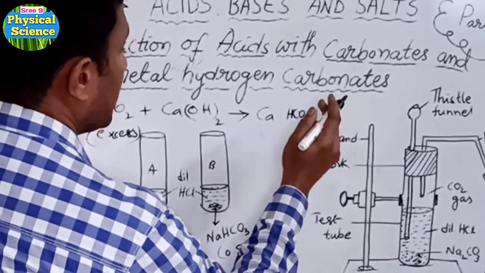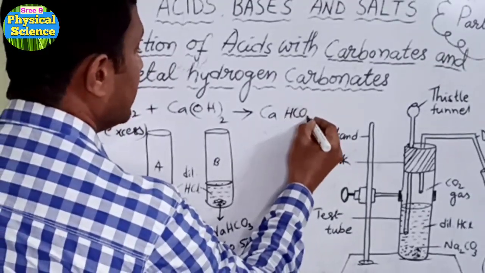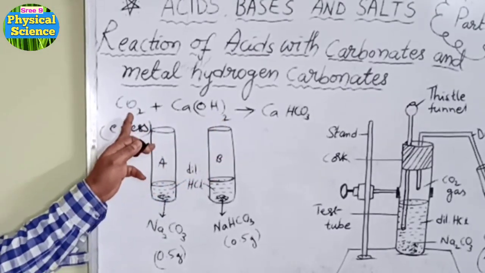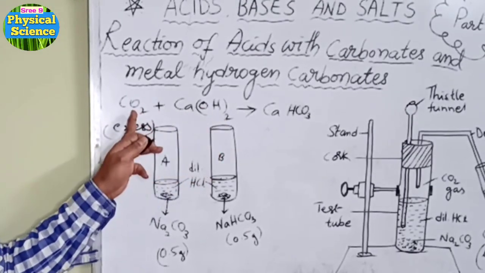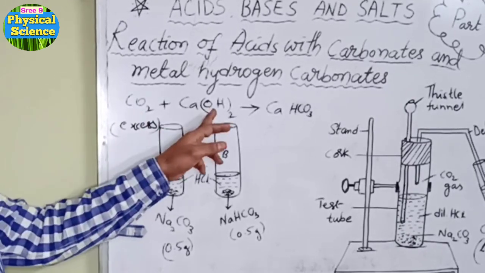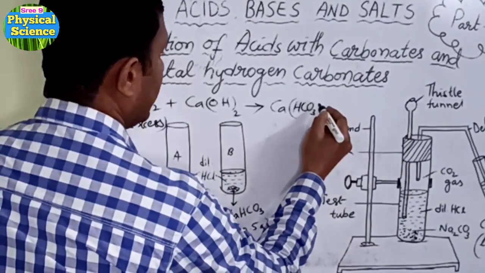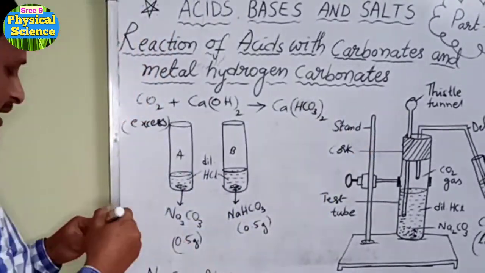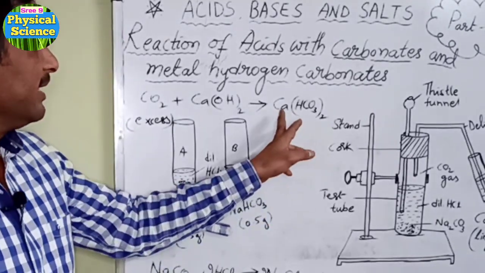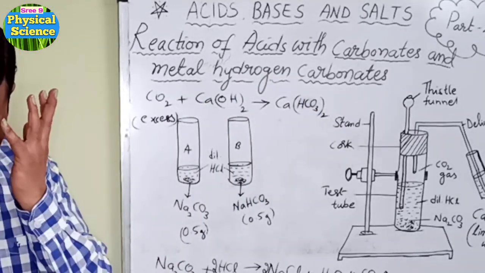Ca(HCO3)2. So OH twice here, 2 H's, 2 O's, 2 O's. How many O's? Here 2 to 4 actually. Here it is not balanced, but we say it is calcium hydrogen carbonate.